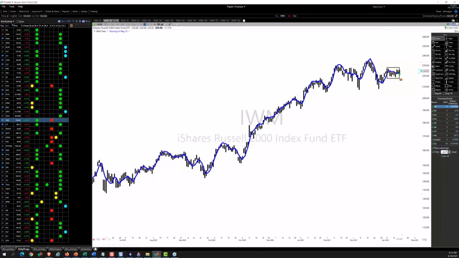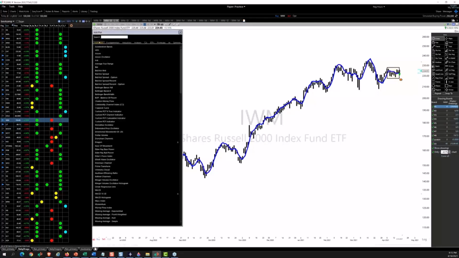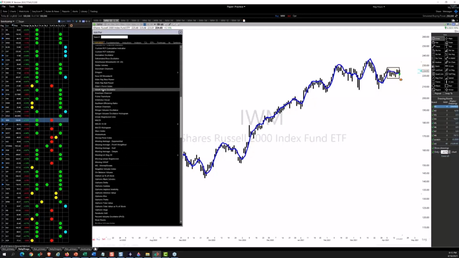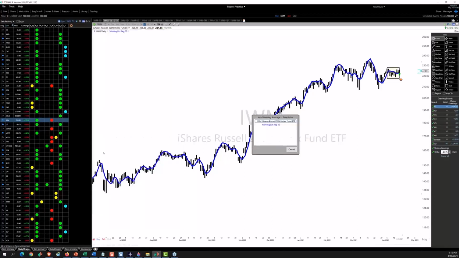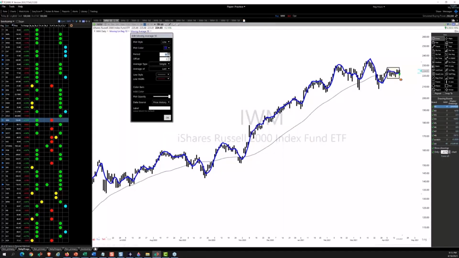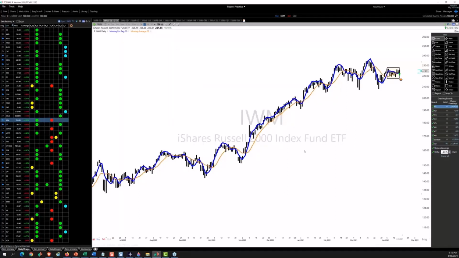So if I added a simple moving average of 10, and made that a 10, and I'm going to make this orange for a very specific reason, because that's going to be the spine of the dragon when we get done with this thing.